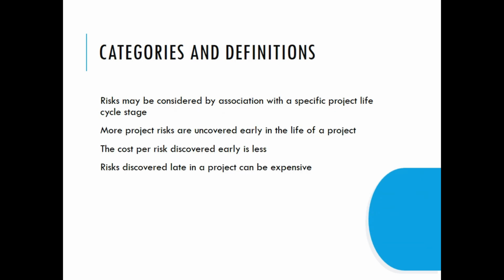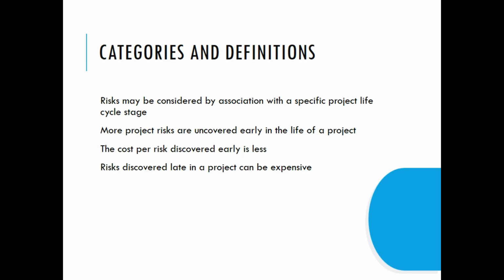Risk may be considered by association with a specific project lifecycle stage. That is why in the risk matrix template that we incorporate in a project charter, we often include the project lifecycle stage at which this risk was uncovered and the stage at which this risk will occur.